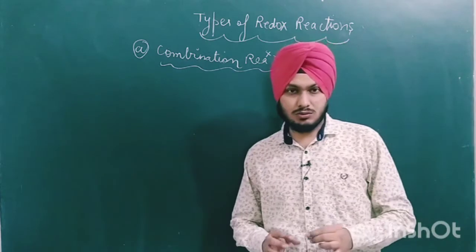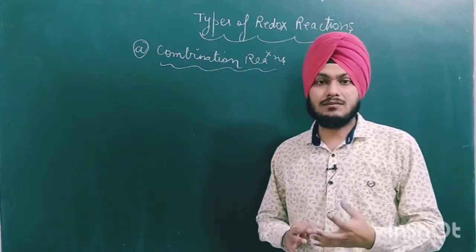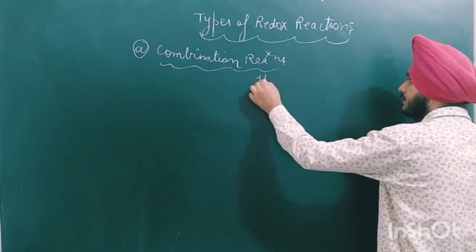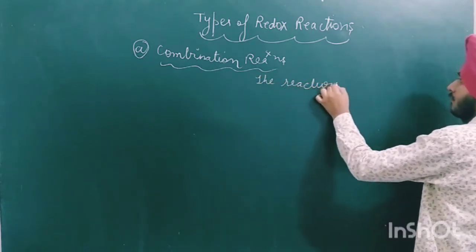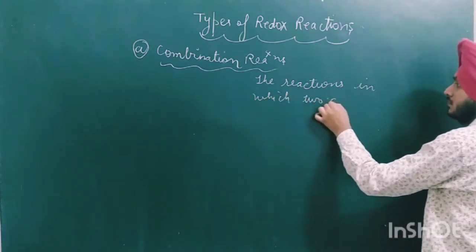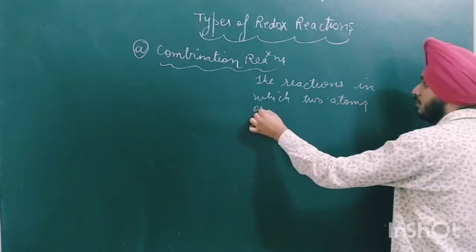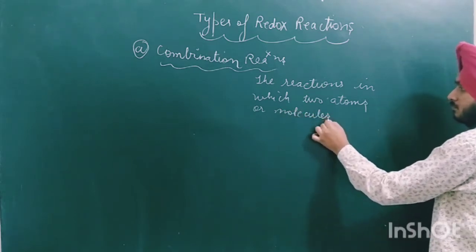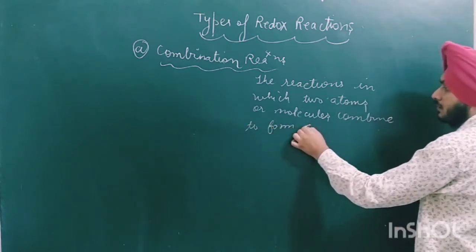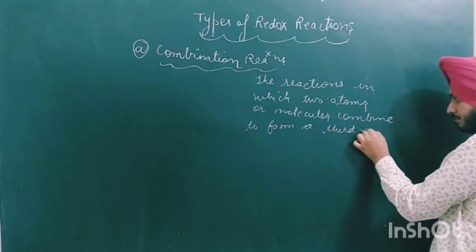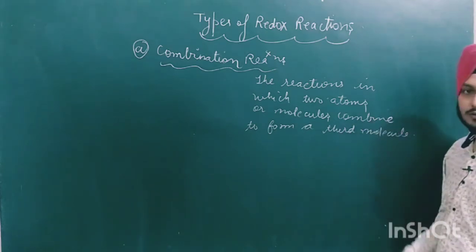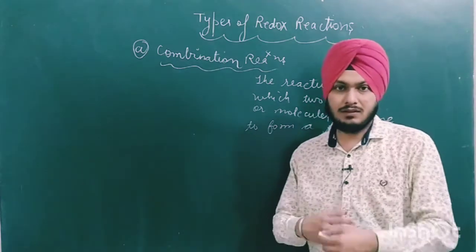The reaction in which two or more atoms or molecules combine to form a third molecule is known as a combination reaction. Now, how does this reaction become a redox reaction?